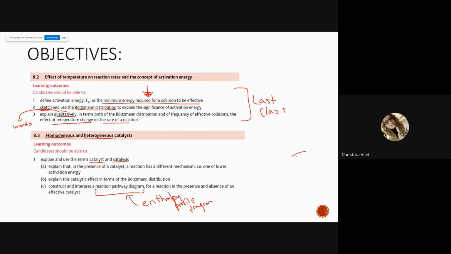When we include the activation energy, it instead is called a reaction pathway diagram. And so that just gives you the starting energy of your reactants, your activation energy, and then the energy of your products. What do they say you have to do with that? What is that word? You have to make it. Yeah, and interpret it.